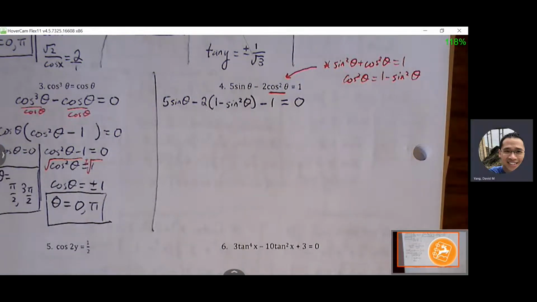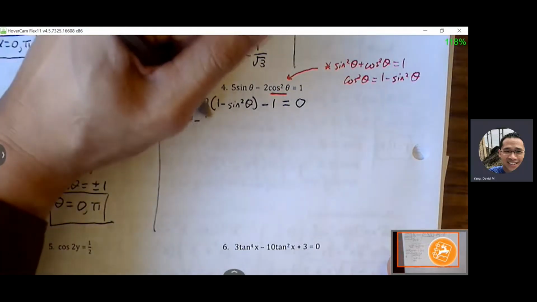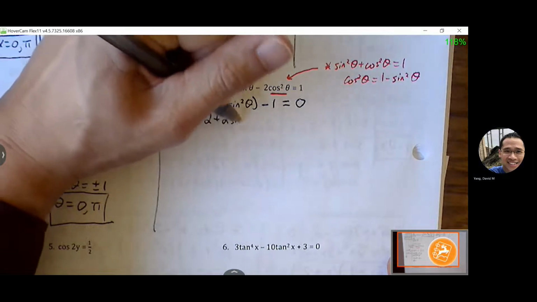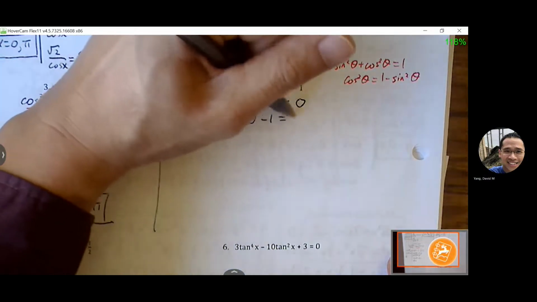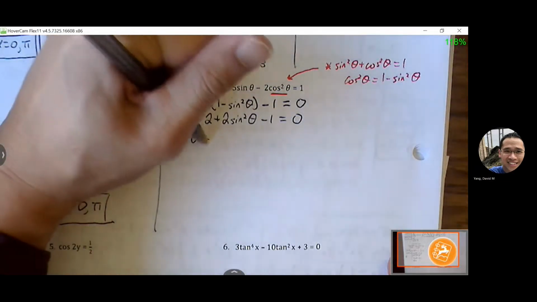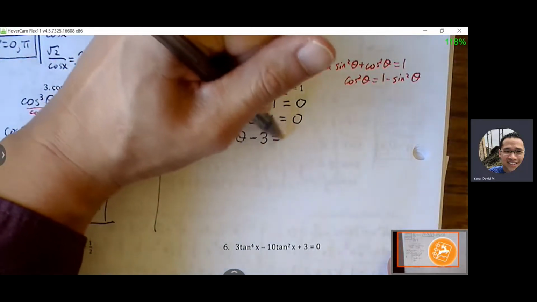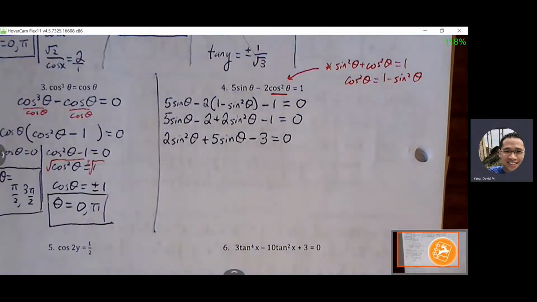So now that everything's in terms of sine, we can rearrange it and try to get it ready for factoring. Okay, so let's solve an easier problem if it helps you.